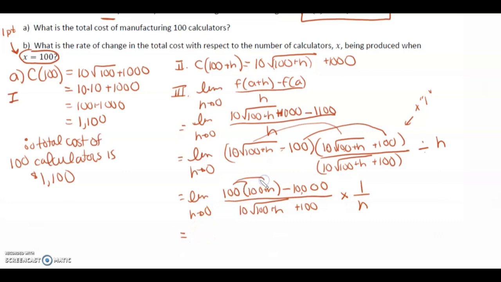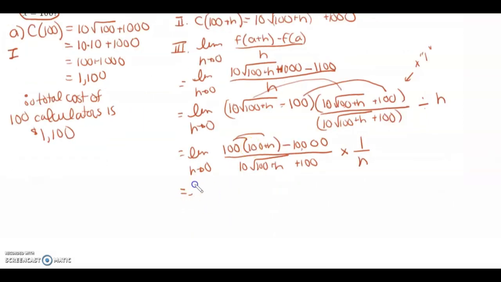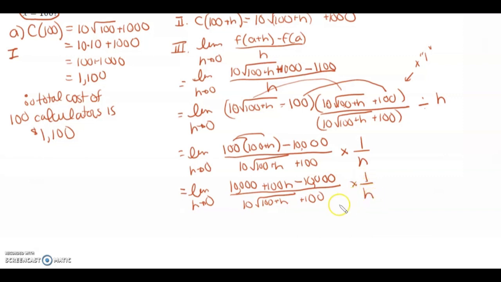So let's go ahead and distribute in. We're going to go limit as h approaches 0. 100 times 100 is 1 with 4 zeros, plus 100h minus 10,000, all over the same denominator, and then times 1 over h.